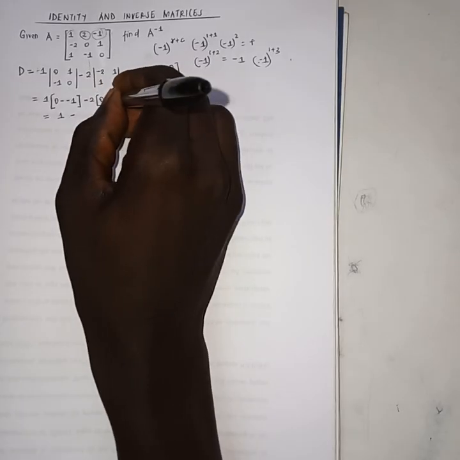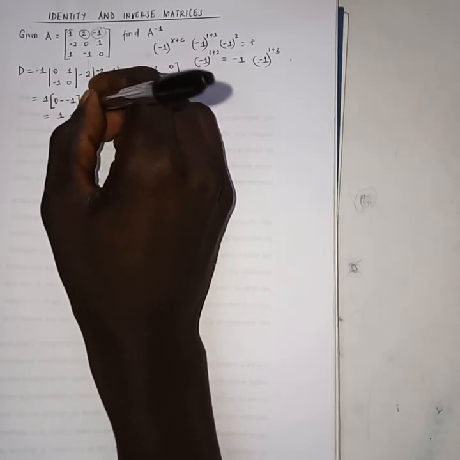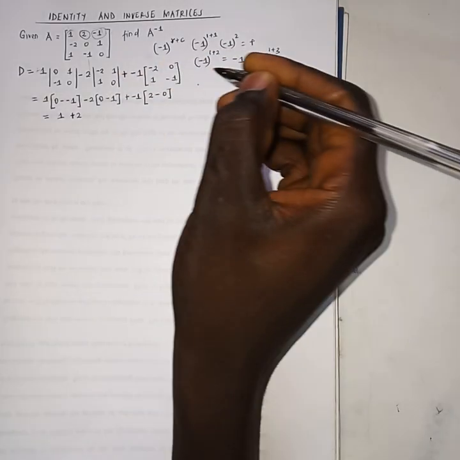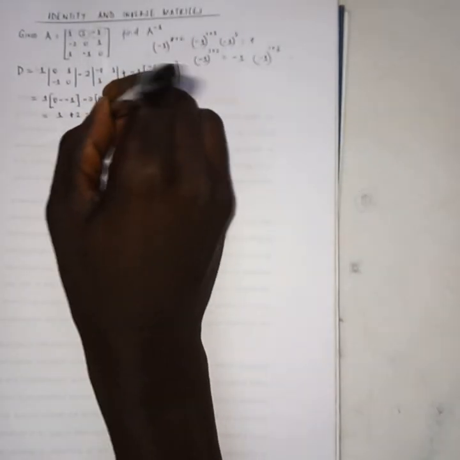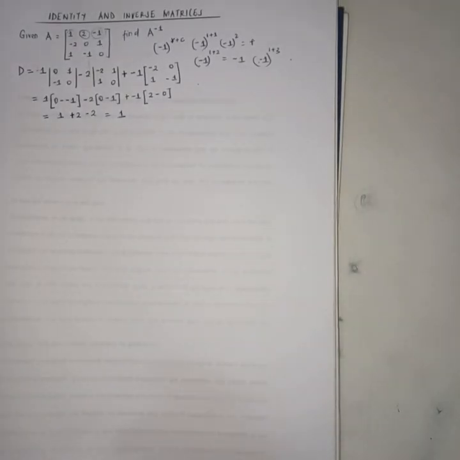Then this is negative 1 inside this bracket multiplied by negative 2, giving us a positive 2. Then we are subtracting 2, and this one is going to give us 1. So our determinant is 1.